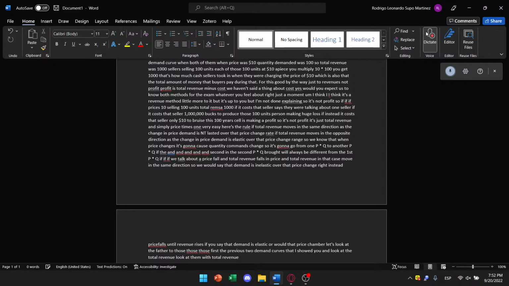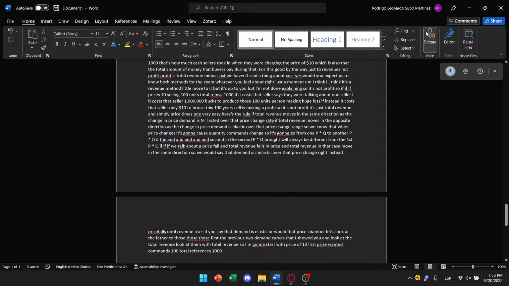So we're going to start with price of 10. That's the first price. Quantity demanded is 100, so total revenue is 1,000. Price falls from 10 to 8. What happens to total revenue? Naively, you might think, well, if price is falling, then it must be that the seller is going to take in less money.